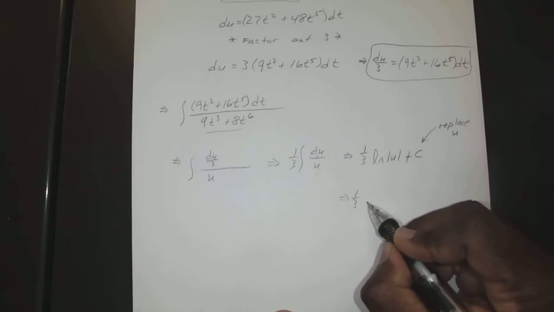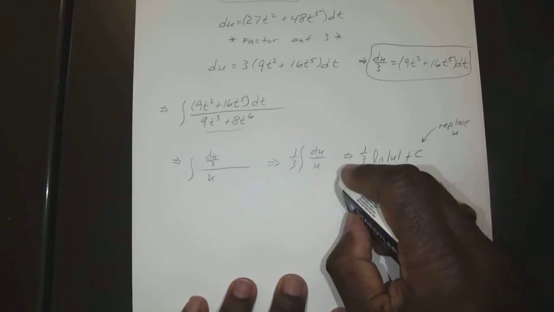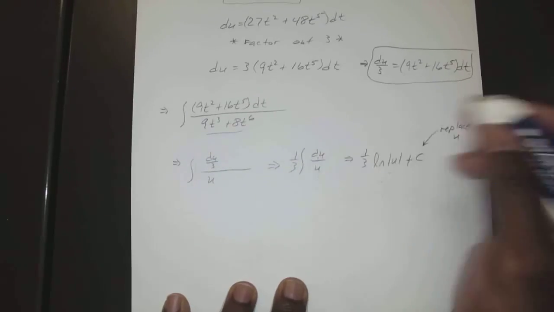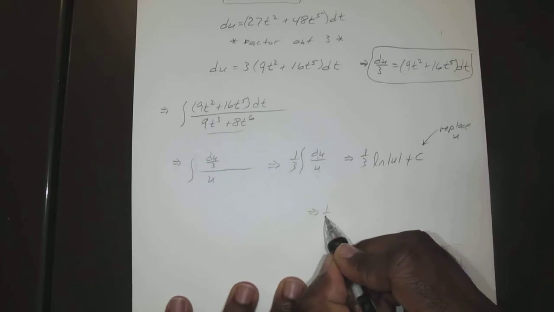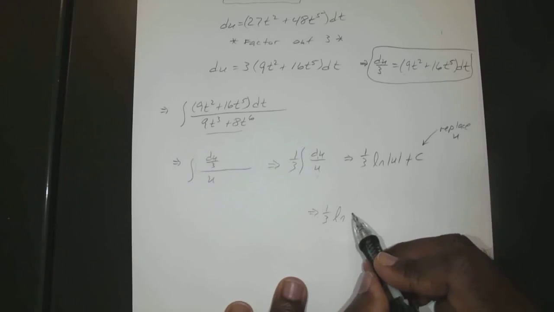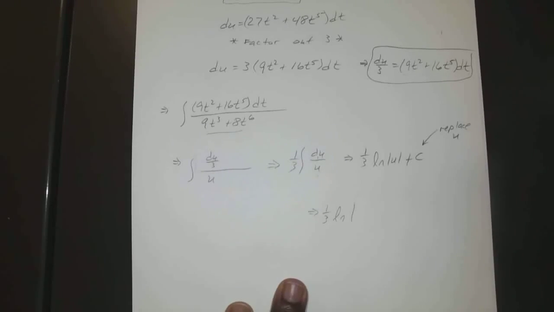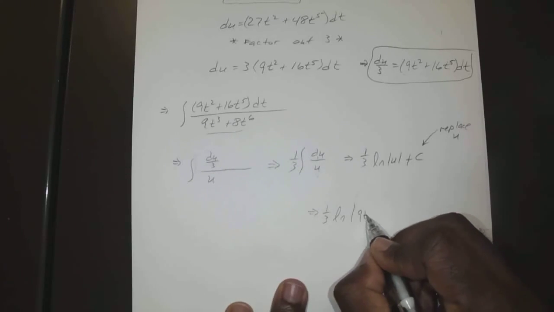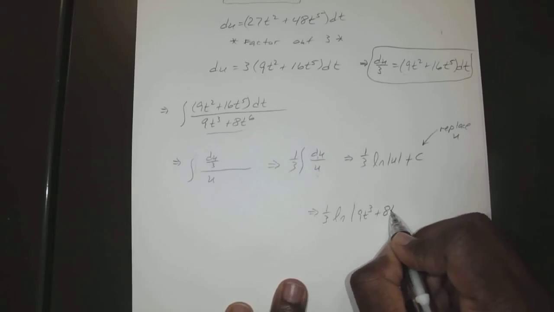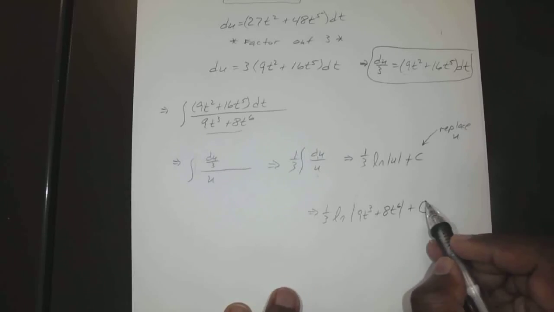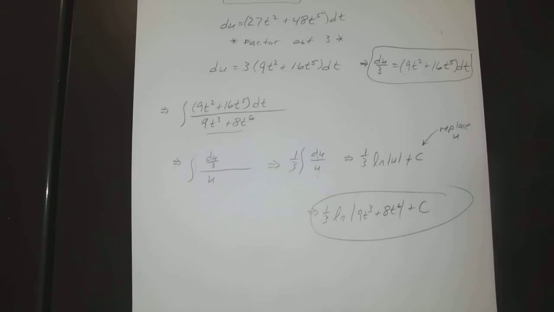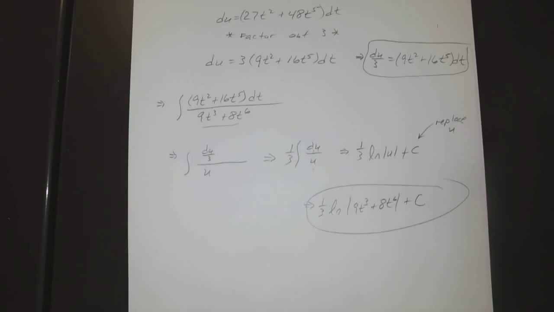So we have 1/3 natural log of the absolute value of 9t to the third plus 8t to the sixth plus c. All right, so any questions on that one?